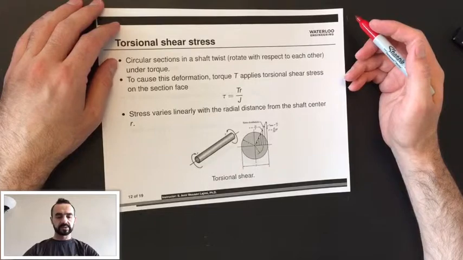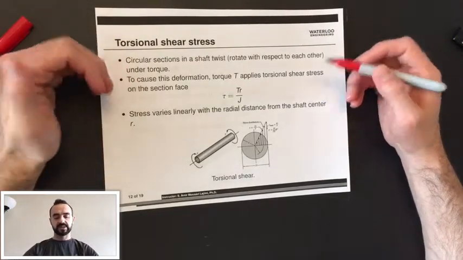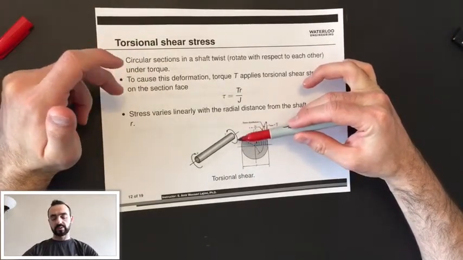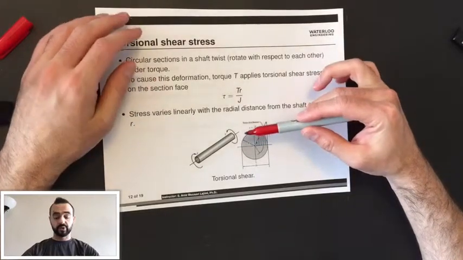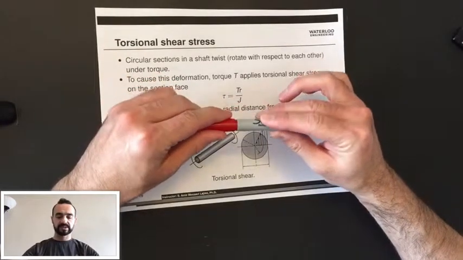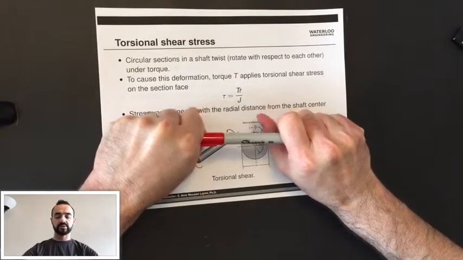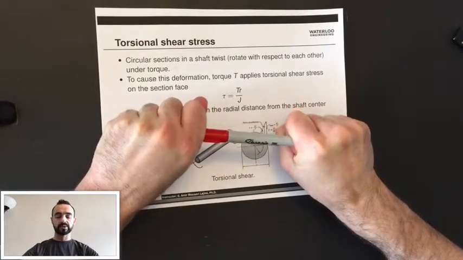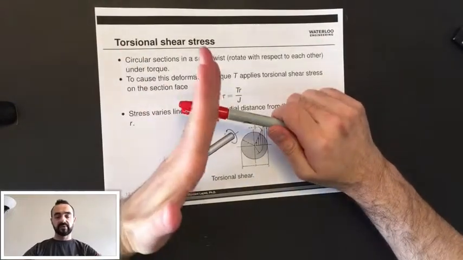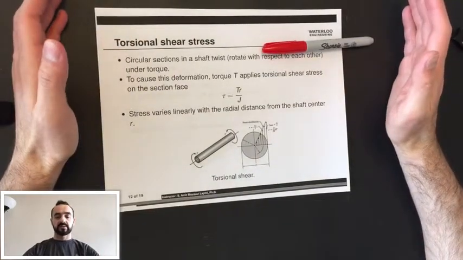The next thing we want to talk about is torsional shear stress. For a circular cross section, if you apply torque, then what you will experience is called torsional shear stress. Again, if you consider this pen, for instance, if I try to apply torque to both sides of this pen, different layers of this pen tend to slide relative to each other.